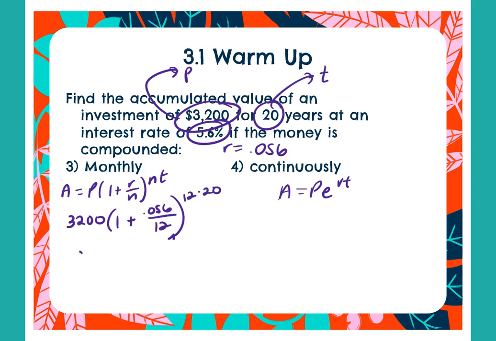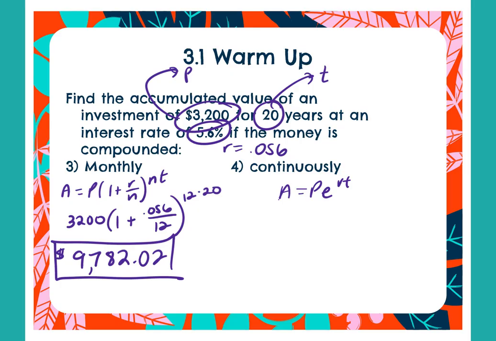And you get $9,782.02. And then for continuous, 3,200 times e to the 0.056 times 20. And you get $9,807.53.